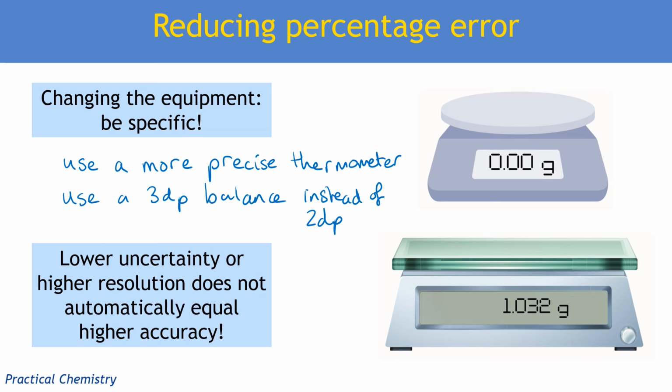So actually there's other things I can do in that experiment, like using a lid or insulating it more, that would help improve accuracy. So this is only to be used if it's specifically asking you about reducing percentage error.